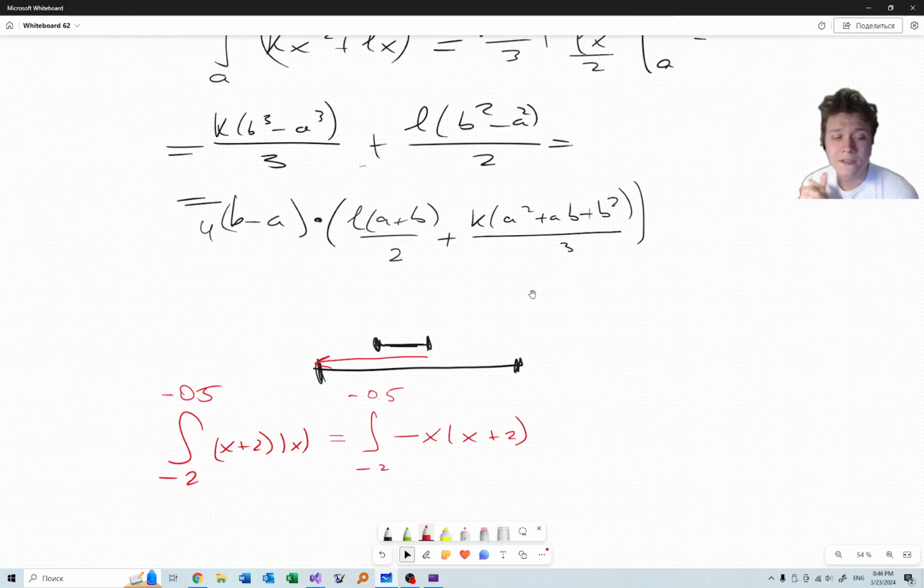Now, intuitively, it says the following. The linear function is how much we see such a length of a segment. And the modulus of x just says that we have this length of the segment. For instance, if the length of the segment is -x, it says how much we see it. We see it x plus 2 times. For example, if it is -0.5, then we see it 1.5 times.